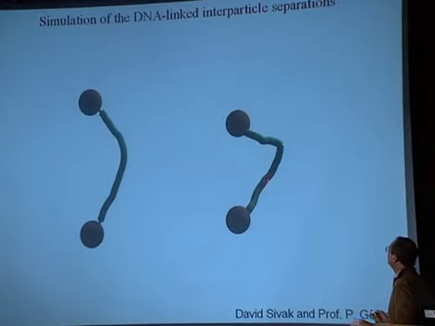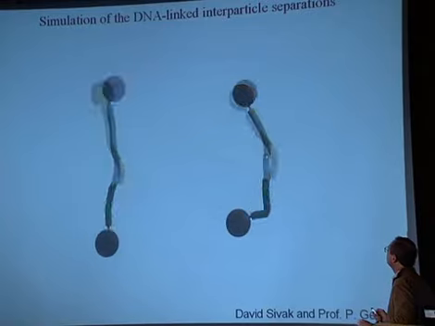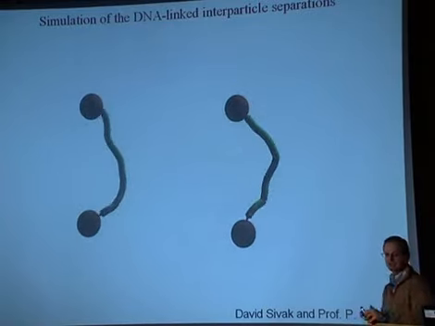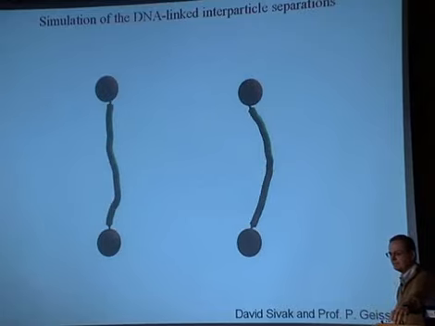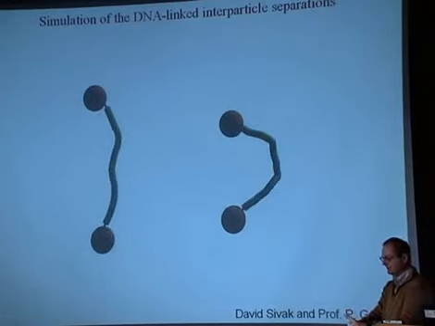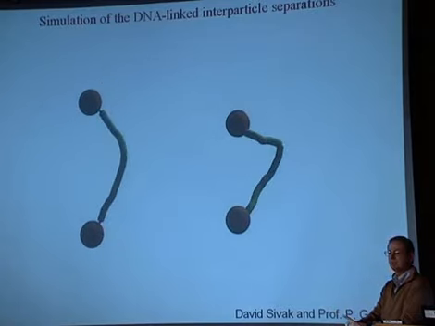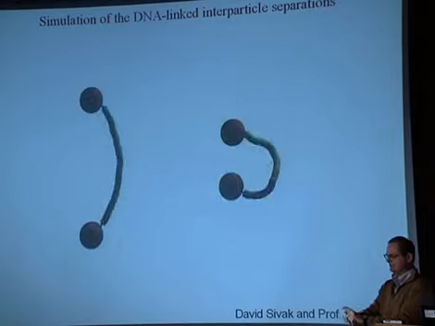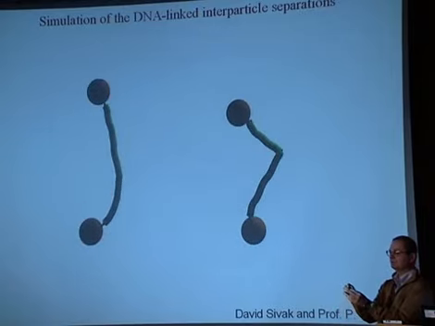So what David and Phil believe is going on is that the DNA, as you know, is double-stranded. And when it's double-stranded, it's more rigid, has a longer persistence length. But the binding between the base pairs in the DNA is kind of weak. So occasionally the DNA will just pop open locally.